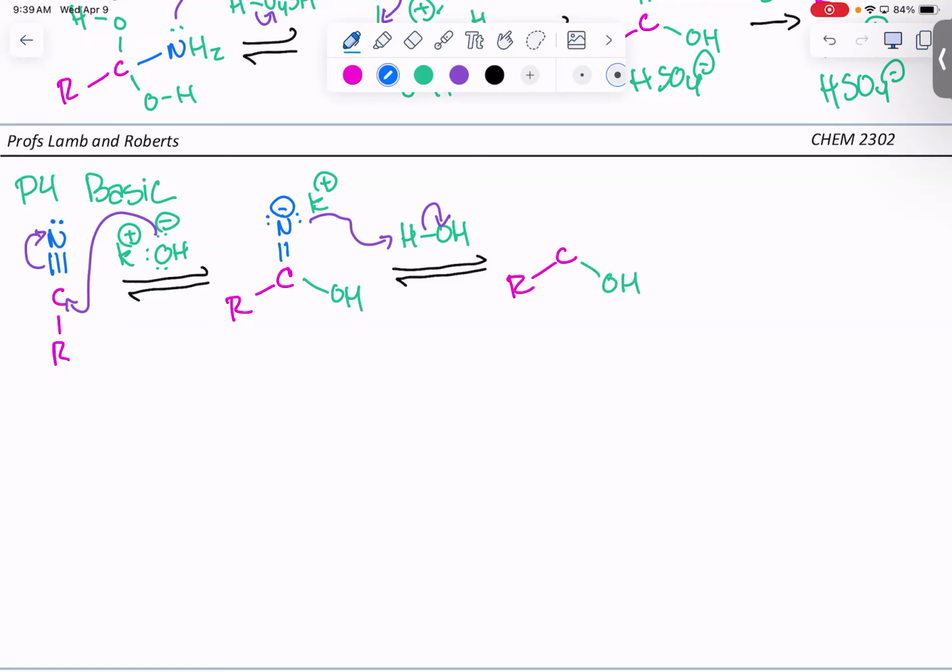We haven't done anything to the carbon-nitrogen double bond. All we've done is just protonated our nitrogen. So now we've neutralized the species. All right, we're going to do this step, which you're going to learn about, the tautomerization step. You'll learn the mechanism on Friday.